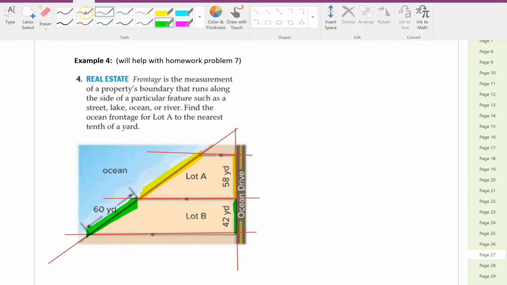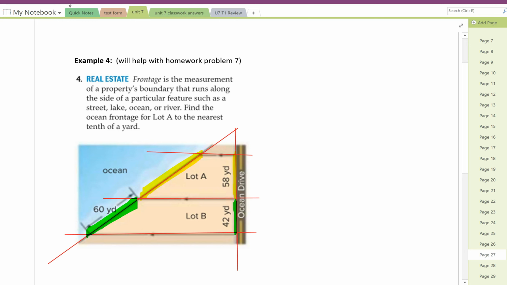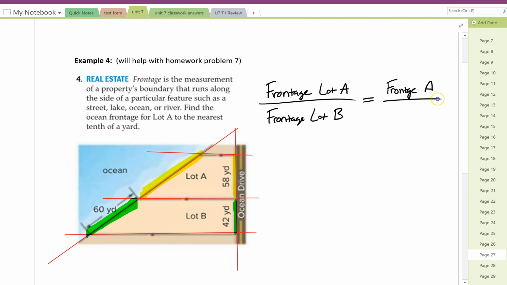In other words, the frontage of lot A over that ratio there between the ocean has to be the same as the frontage of A with Ocean Drive over the frontage of lot B with Ocean Drive.